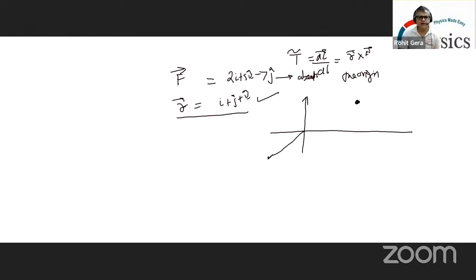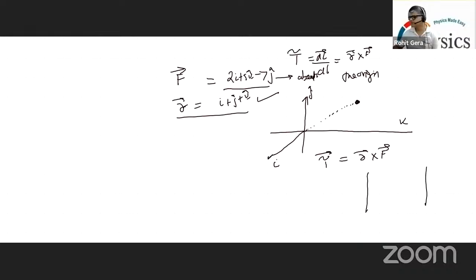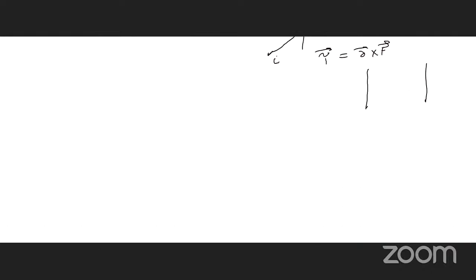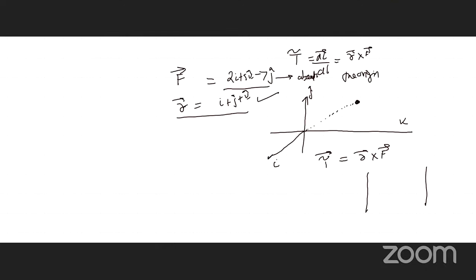If this is your i, j, and k, the body is located somewhere here in 3D. There is a force acting, which is this. You have to find the torque acting on the body, r cross F, which means you should know how to take the determinant. We calculated it the day before yesterday, so I think you know this. We will find it by the determinant method: use the determinant and find this vector product, r cross F, for the torque.